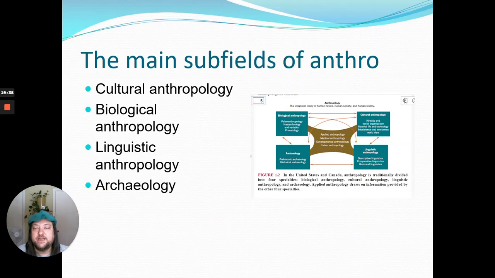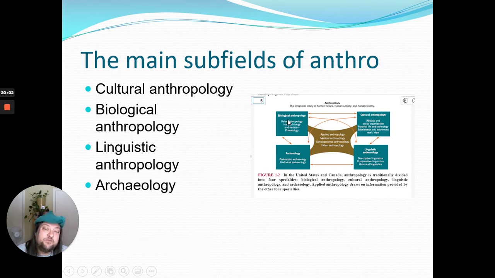So let's have a look at the main subfields of anthropology. Don't panic if you can't see this graph very well. It's copied from the textbook, page 5, okay? So you can look at it when you read the chapter. You'll see it in more detail. And you see that there are these four subfields: cultural anthropology, biological, linguistic anthropology, archaeology.